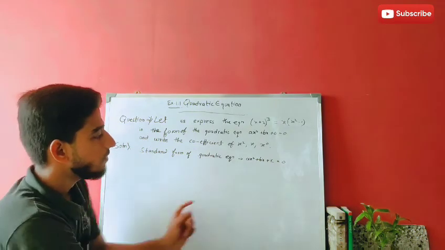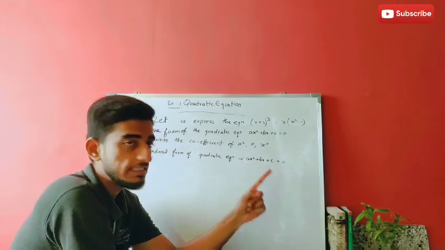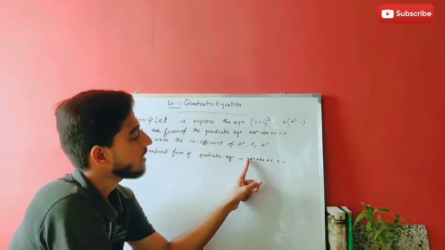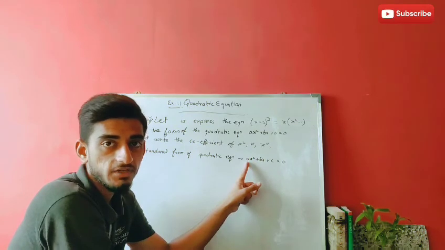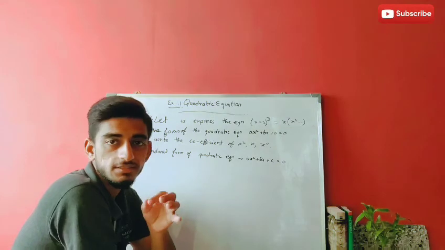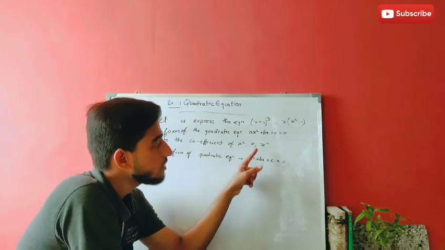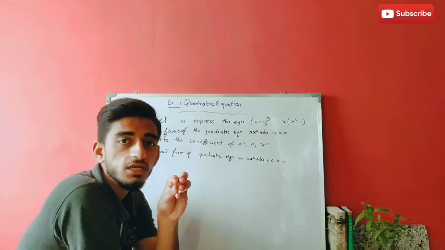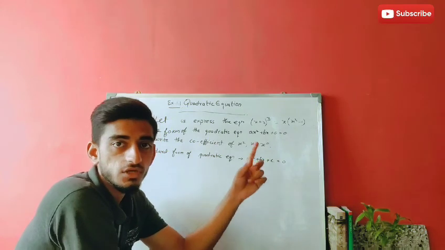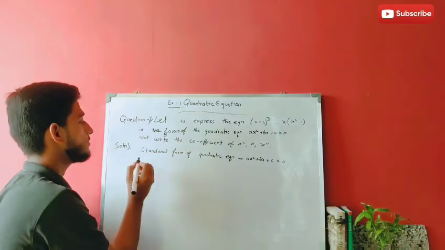So here what we have? We have ax square plus bx plus c. So this one is x square. So coefficient of x square will be a. Anything which is multiplied with x square is the coefficient of x square. So coefficient of x square is a. Now coefficient of x is b. Coefficient of x to the power 0 means anything to the power 0 is 1. So c is multiplied with 1, so coefficient of x to the power 0 will be c. That's right.